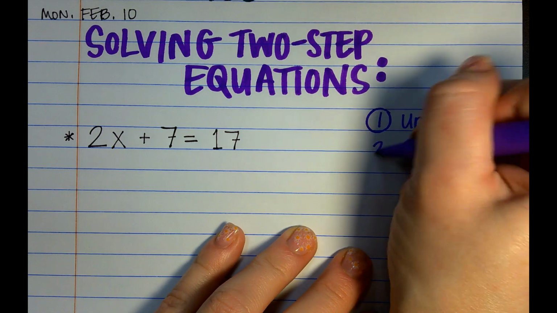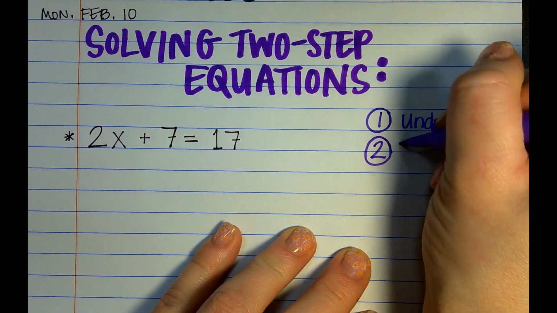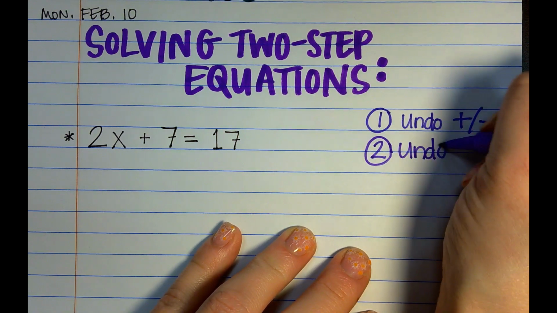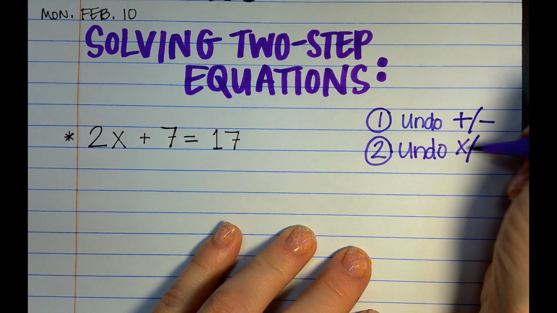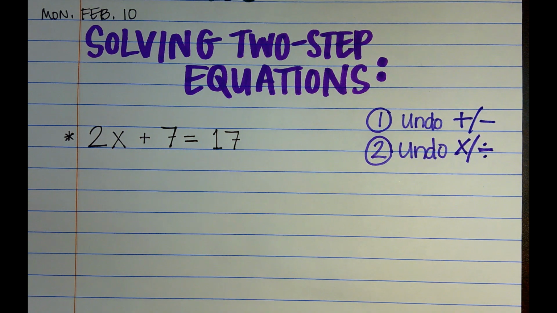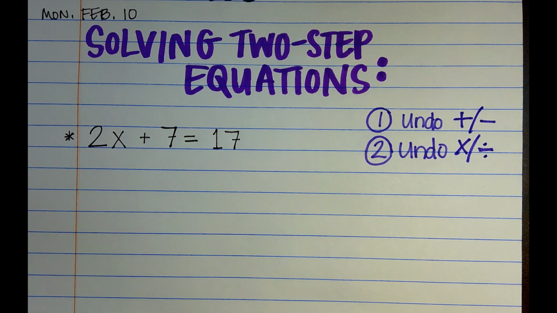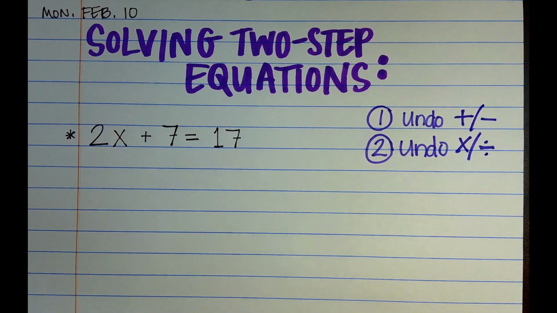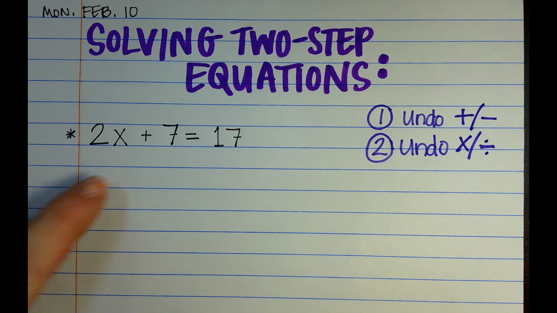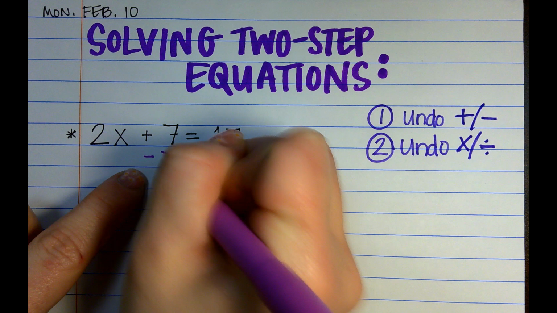Step 2: undo multiplication and division. So I have 2x plus 7 equals 17. What should I undo first? The addition, which I see is plus 7. So I'm going to minus 7 on both sides.